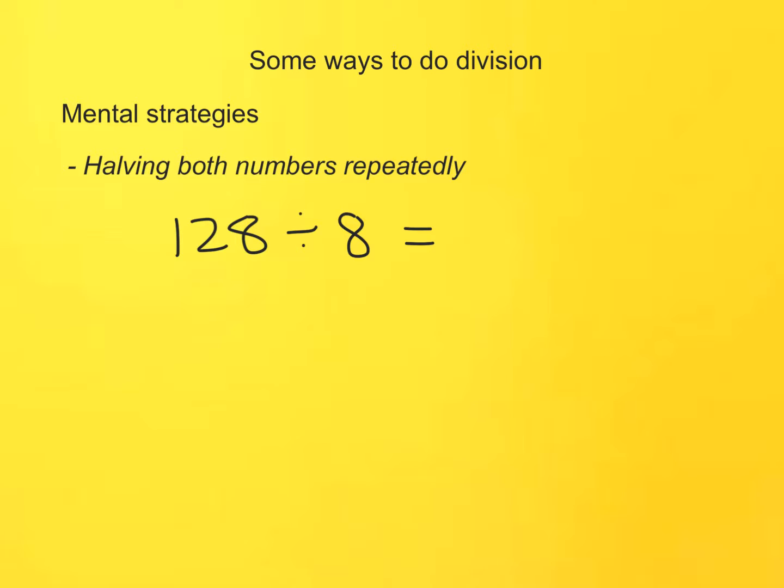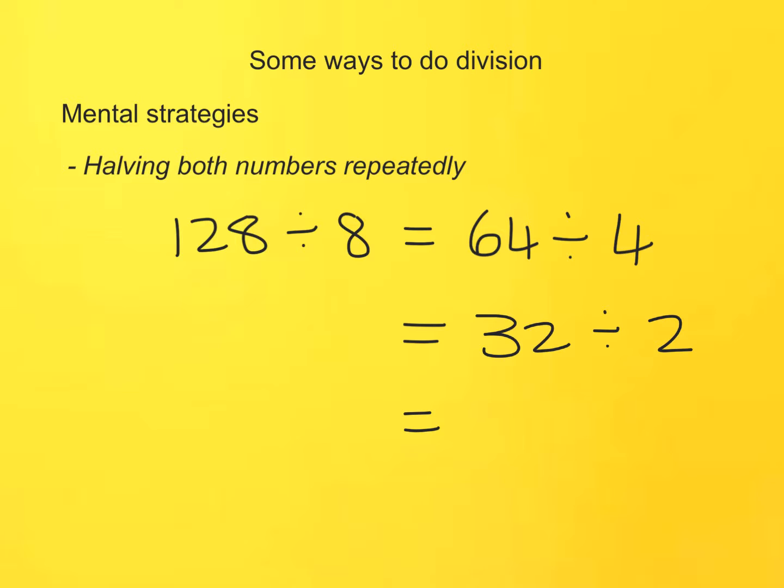So what is half of 128? That is 64. And what is half of 8? It is 4. Still probably couldn't work that one out, so what we'll do then is we'll half that number again and half the 4 again. So half of 64 would be 32, and half of 4 is 2. Therefore now it's got to a size that we can actually work out.